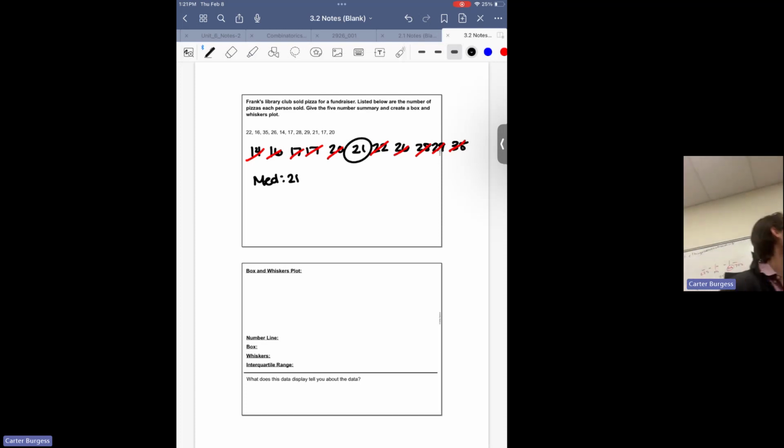So not counting 21, I have 5 values for my lower half, which is going to be 14, 16, 17, 17, and 20. What is the median of this lower half? 17. This is our Q1.